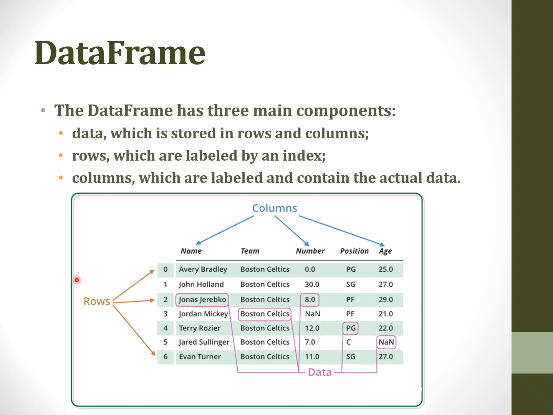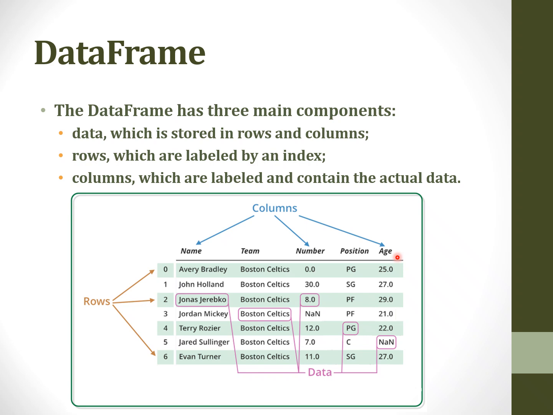So we can see an example here. In this table, we can find all these data, very broadly, all the data in greens and whites. They are one of the components. Then we have column names: name, team, number, position, age.